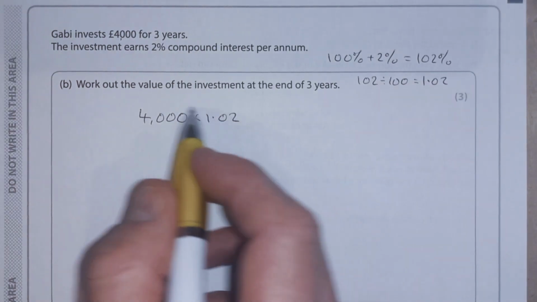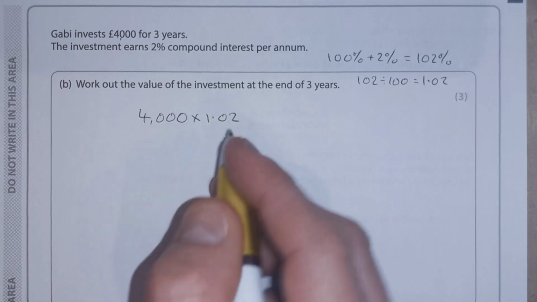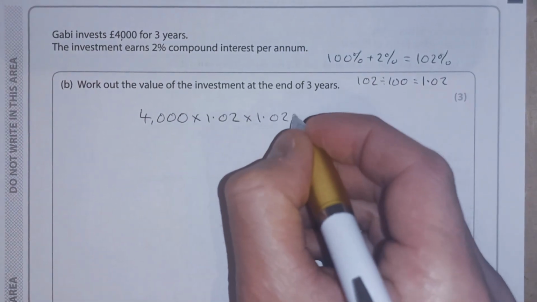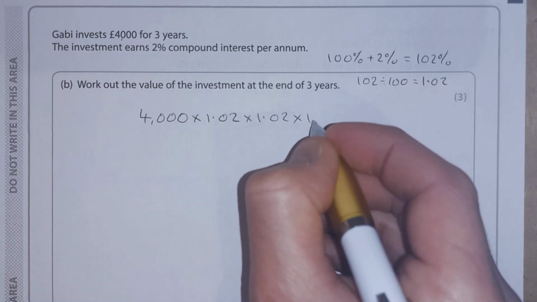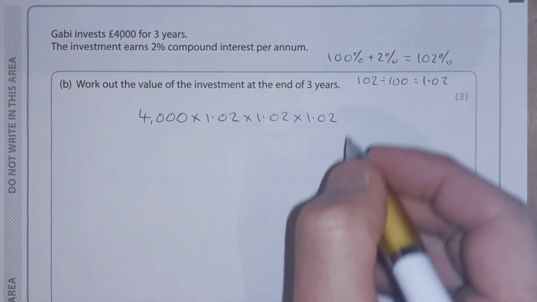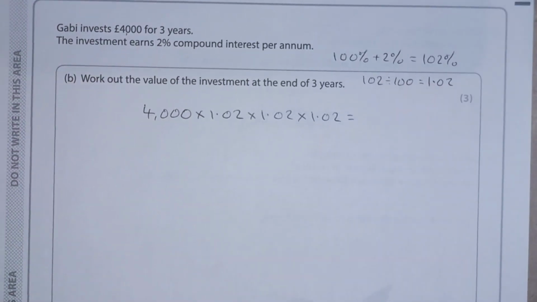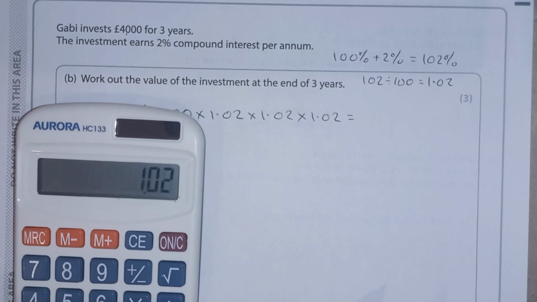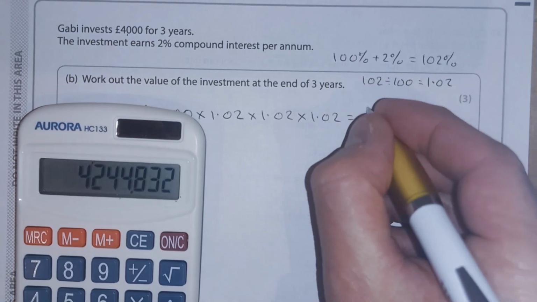That'll give us the value after 1 year. After 2 years, we do the same. We want 3 years, so we're going to multiply it by another 102%. So 4,000 times 1.02 times 1.02 times 1.02.